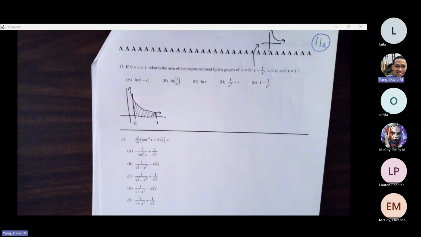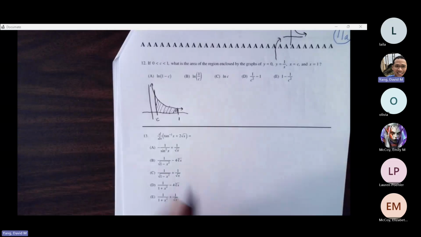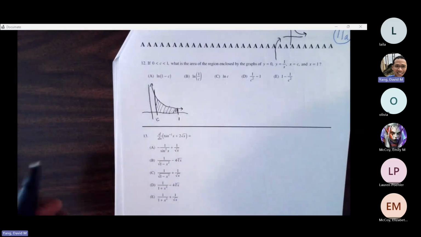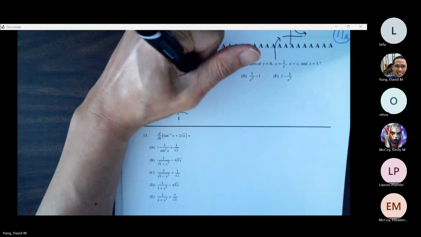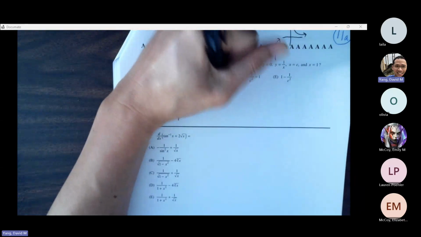Okay, so it's asking, what would represent the area of that region in terms of c, right? So we'll just go through our process of area. We know area formula is integral of top graph minus bottom.